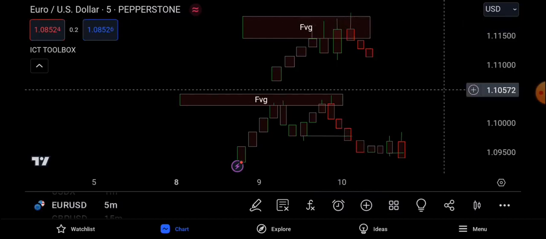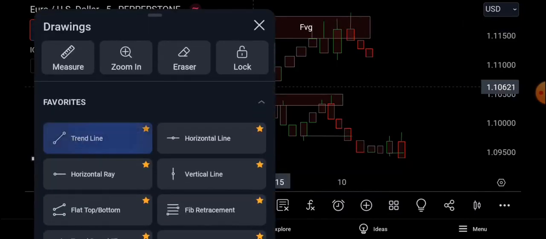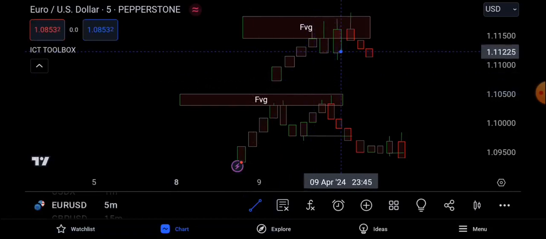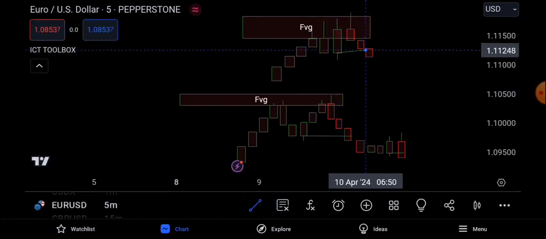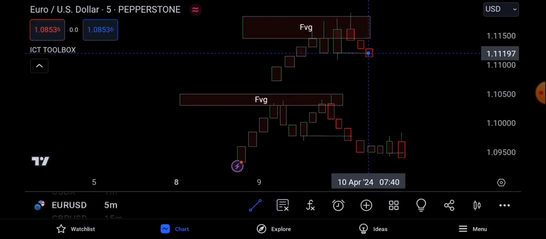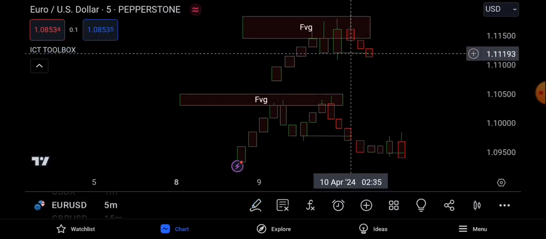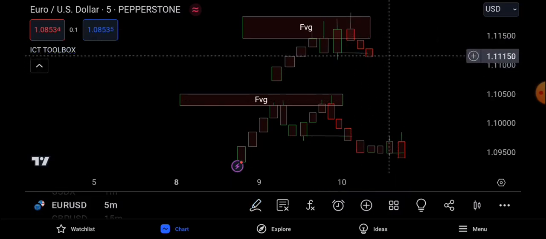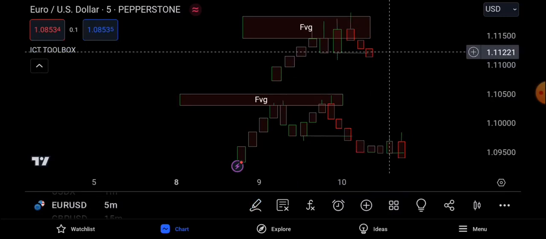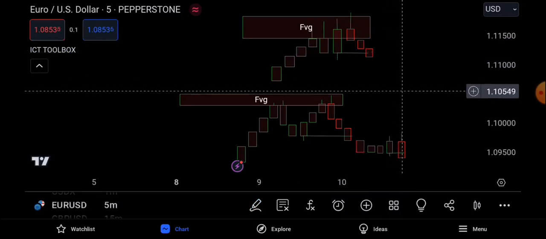A close below the body of the suspecting order block, which is this one, so a close below here would confirm that that is indeed our order block. And on any price action pullback, you would place your limit order here and you would wait for price to come back into this area and push to the downside.